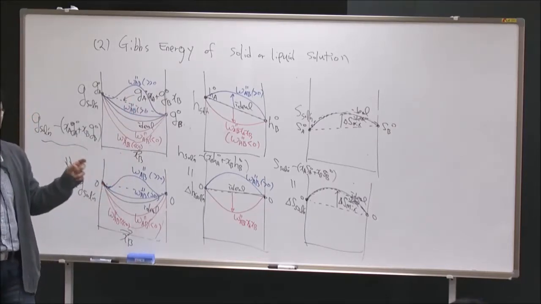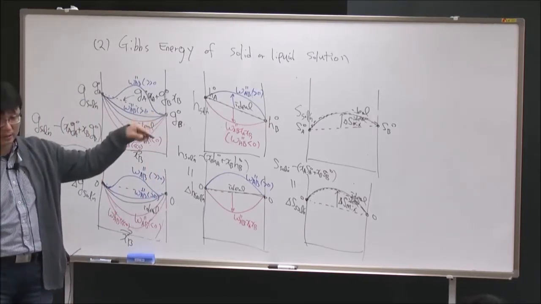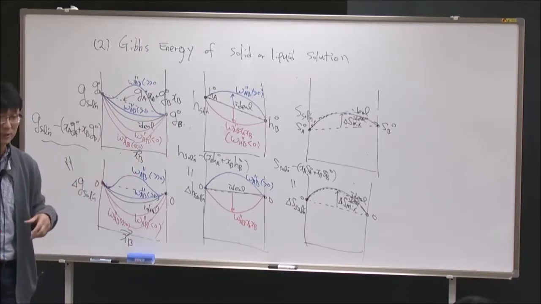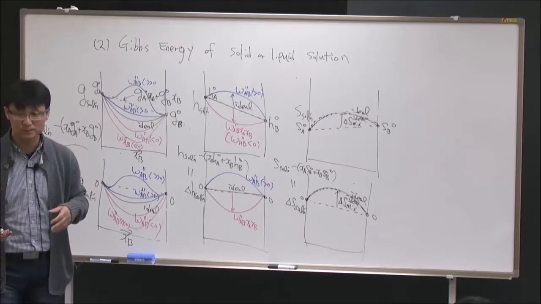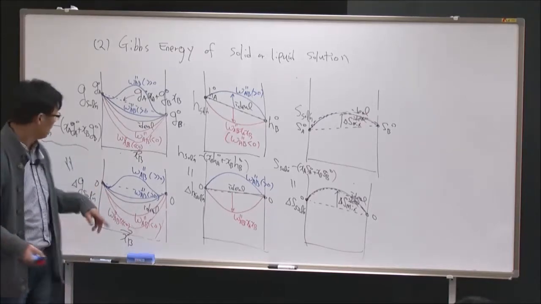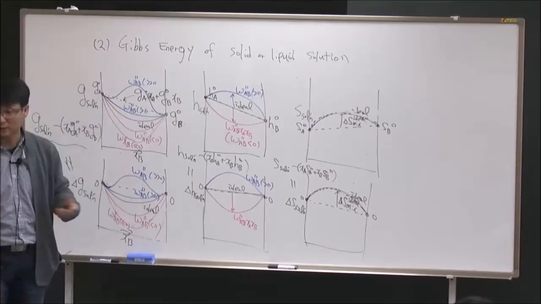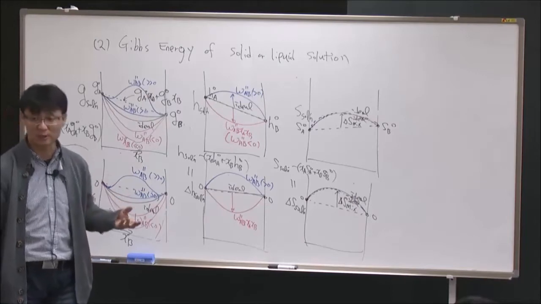When A and B like each other, you have a negative interaction, then gamma A, the activity coefficient, is less than 1. Okay, so they like each other. In that condition, your omega AB should be a negative term. Okay, negative interaction. Then your Gibbs energy itself is in general more negative than the ideal case. So energetically, this is a more stable solution than the ideal solution.